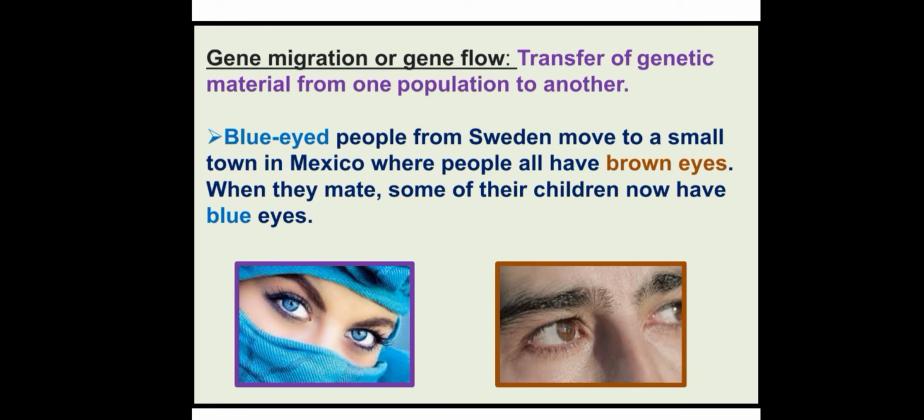When they mate, some of their children now have blue eyes. That is, in a population of brown-eyed people, now a few people with blue eyes are seen. This is because of gene migration or gene flow.